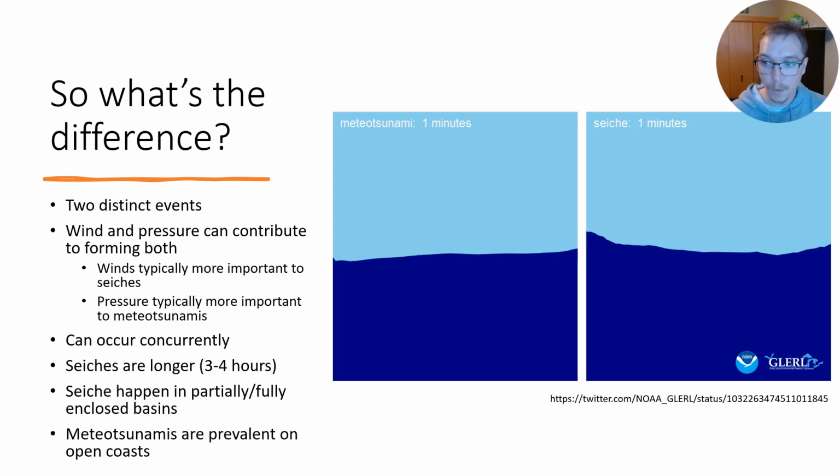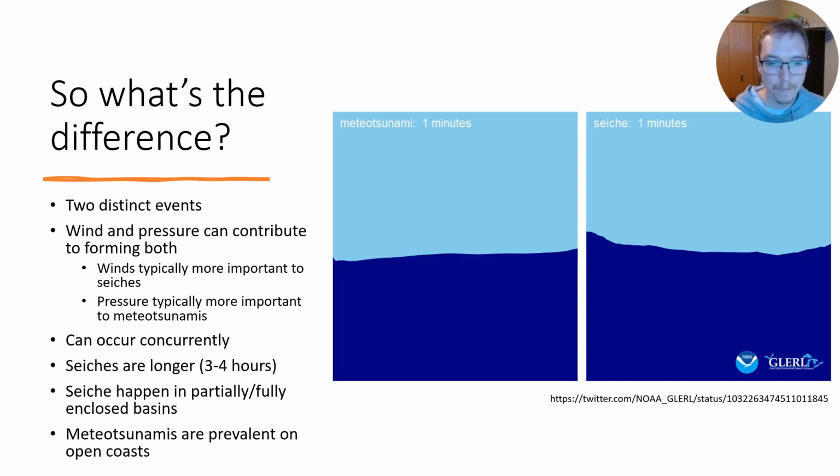So this video that we're going to see shows the typical tendencies of the water surface, assuming that this level here is roughly average water level, 0, we'll say.